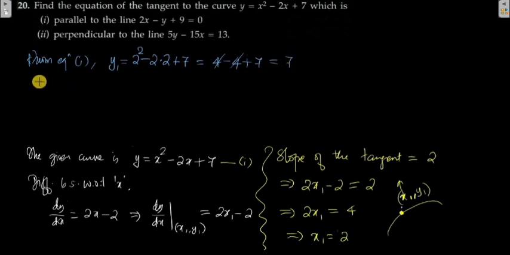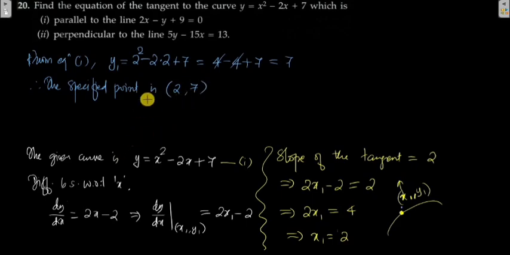Therefore the specified point, meaning the point at which we need to find the tangent, is x1 is 2 and y1 is 7.